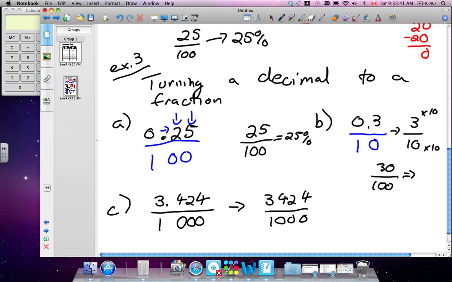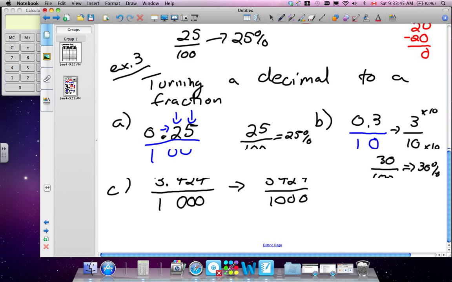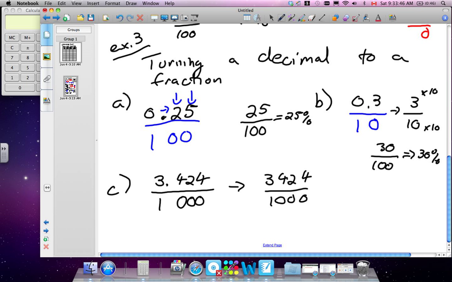Good. This one's a little harder. What do I have to do to this? I have to make it a little smaller, right? I'm going to need to divide by a number. Do you know? You could divide by 2, but if I want to make it 100, I've got to get rid of a 0. So I'm going to divide by 10. So divide this by 10, and I divide this by 10.